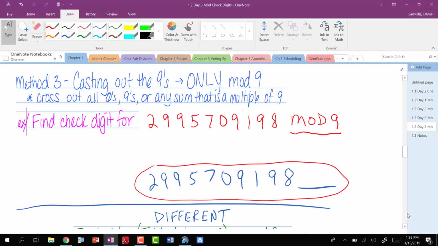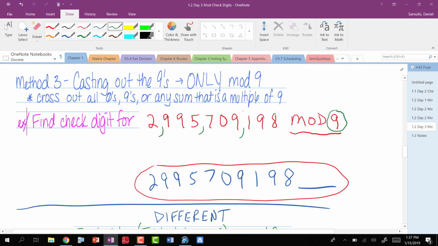I'll do this in colors as you're writing it down: 2,995,000, and so on. Big number, right? It would be a pain to type it on your calculator and divide by 9 and then figure out the decimal. So that's why this is nice. This is a mod 9 scheme.